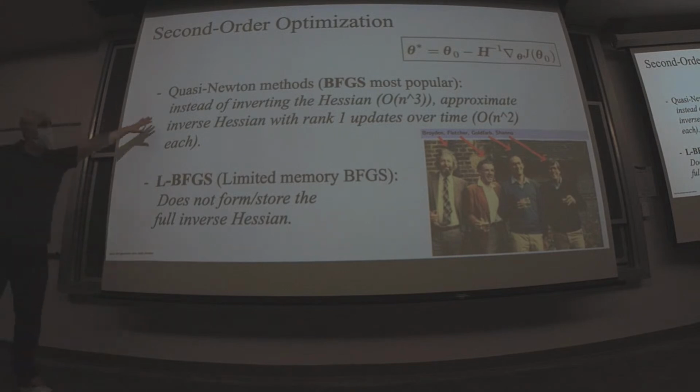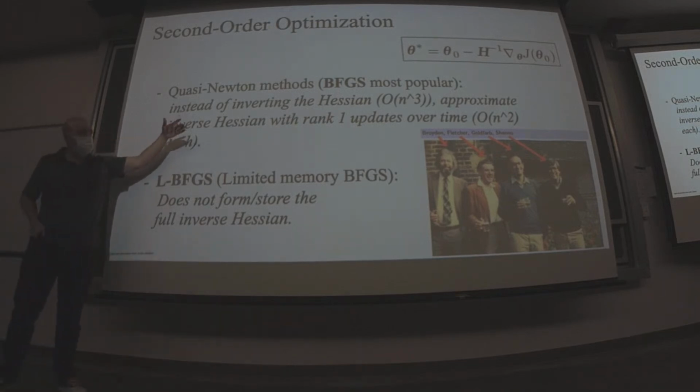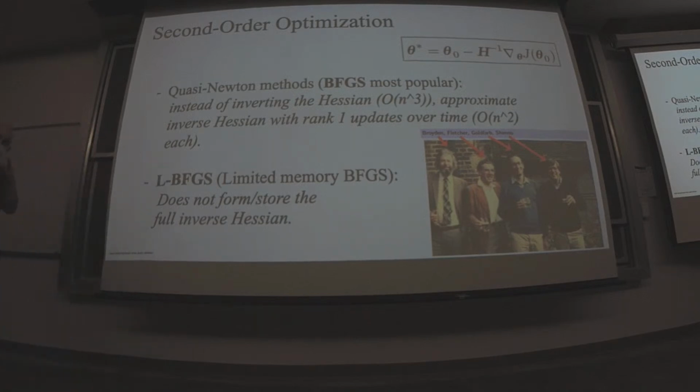BFGS, named after these swell gentlemen, is a way of approximating this, but with rank 1 updates. A rank 1 matrix is pretty easy to compute. It's the outer product of a vector with itself. And then there's a version of this that limits the memory consumption, where you actually don't form the entire Hessian.